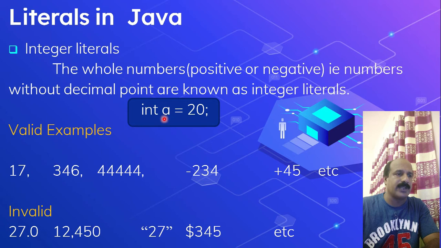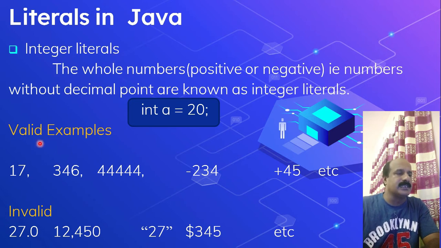This is a memory location, or it is called a variable. This is an operator, the assignment operator. And 20 is the constant or literal. Here we are going to see what an integer literal is, and various integer literals we are going to discuss with examples.